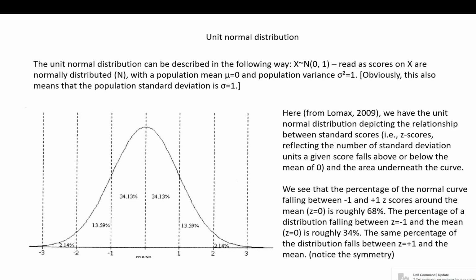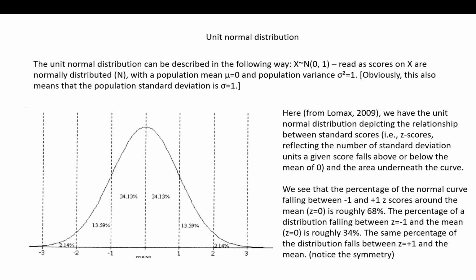Alternately, you might hear people refer to the unit normal distribution as the standard unit normal distribution or even the Z distribution. So here we have a figure of the unit normal distribution that depicts the relationships between standard scores, which reflect the number of standard deviation units a given score falls above or below the mean of 0, and the area underneath the curve.